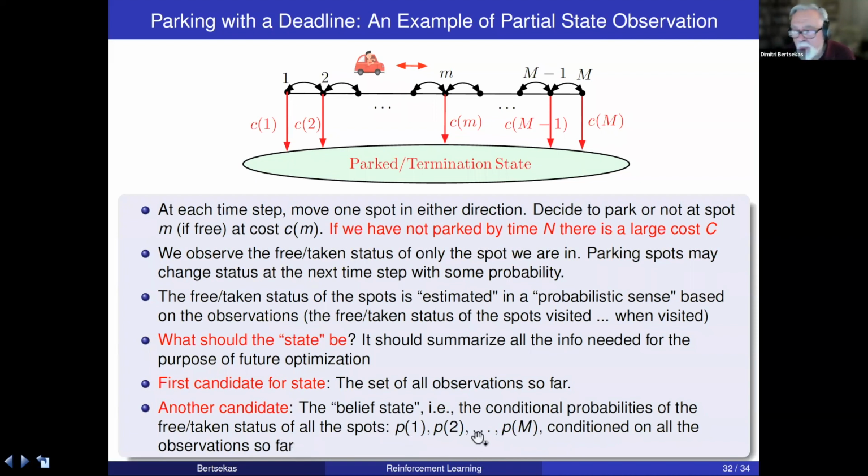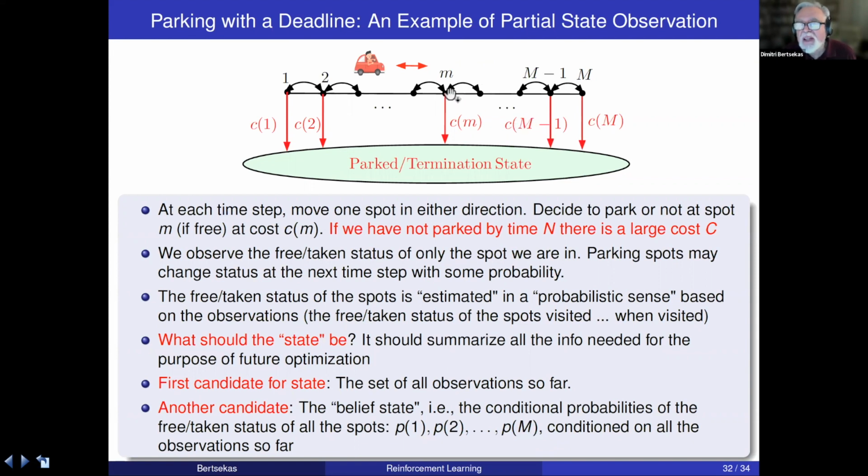So with each new observation, this probability distribution is updated by some kind of estimator that the driver maintains. He looks at this belief state and makes a decision of whether to park or not to park and whether to go right or left. So for example, this probability distribution says that likely there are quite a few free spots in this region, and this region here also contains spots of low parking cost.